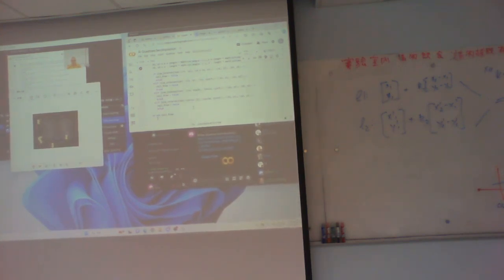So the center point then would be for our nx, ny would be cx plus cy. New width, new height would be new width divided by 2.